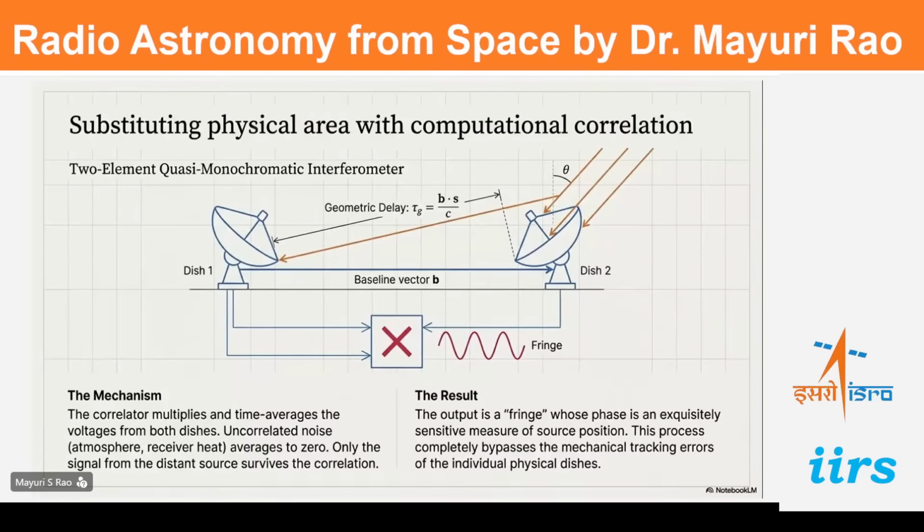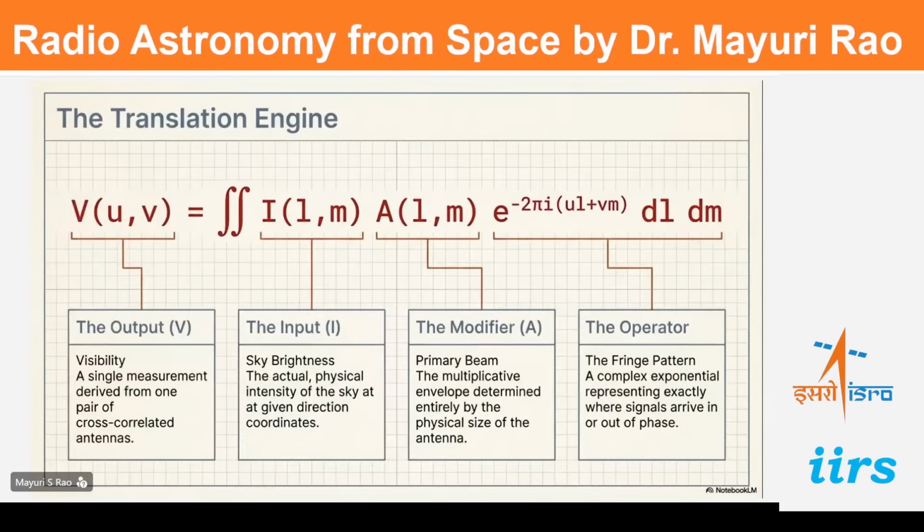So what this multiplication process does effectively is the following. And I know this is a kind of complex looking equation. I'll try to break it down for you. So what you have on the right side is what comes to your radio receiver. The first term is that intensity or brightness that we discussed in the very first topic. So this is the intensity that comes intrinsically from the source.